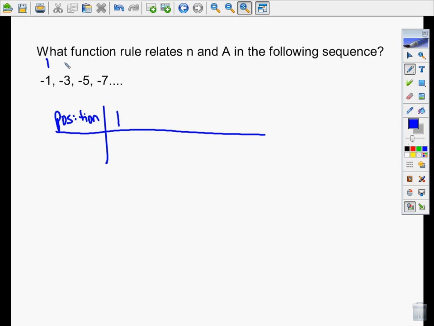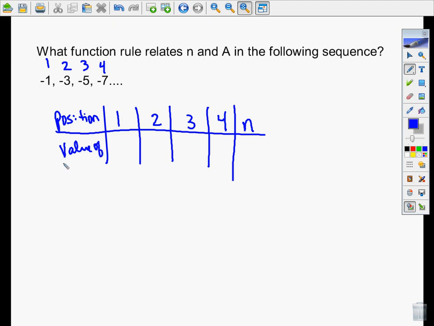This is the first position, second position, third position, fourth position, etc. So 1, 2, 3, 4, n, the n position. And then we've got the value of the term, and that's where these numbers go in. So -1, -3, -5, -7, and we call this capital A.